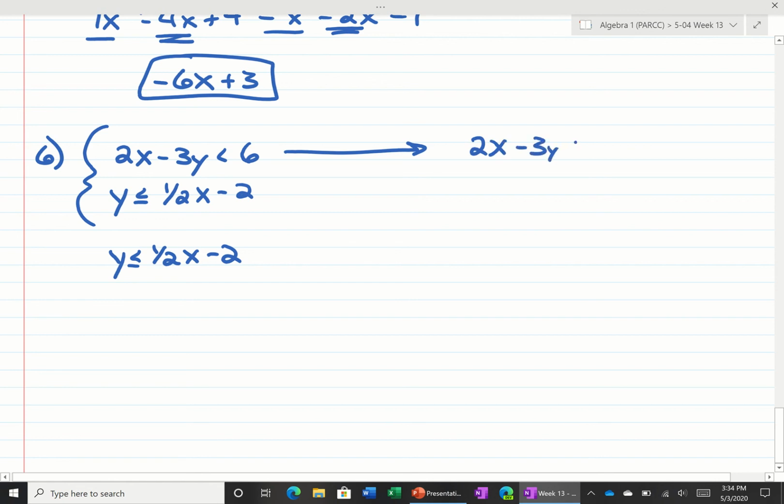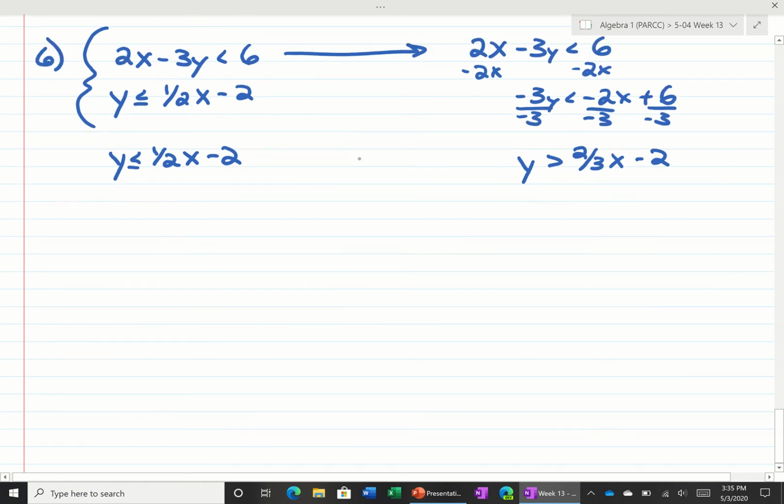2x minus 3y is less than 6. We could bring the 2x on the other side. Negative 3y is less than negative 2x plus 6. And divide everything by negative 3. Now remember, anytime you divide across an inequality by a negative, you do have to switch the inequality sign.